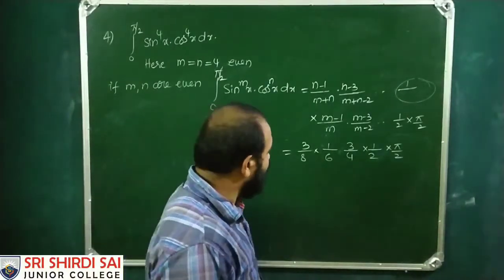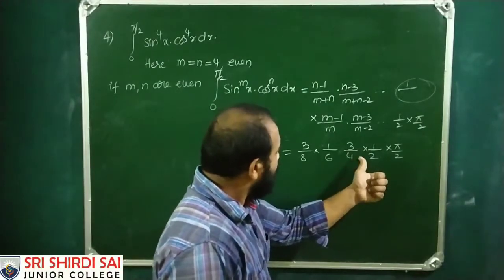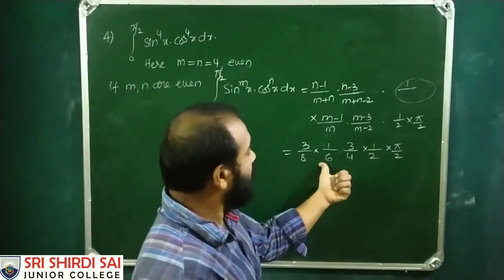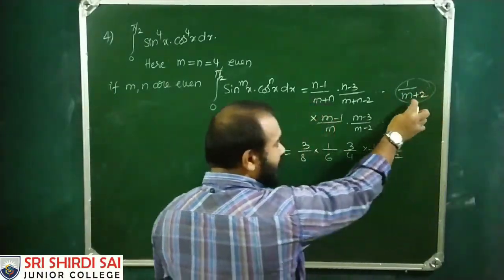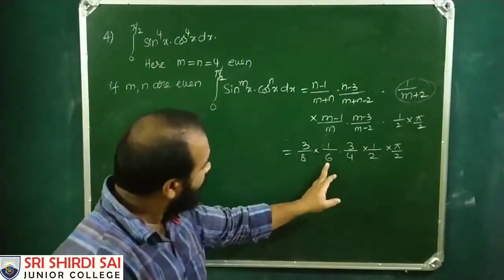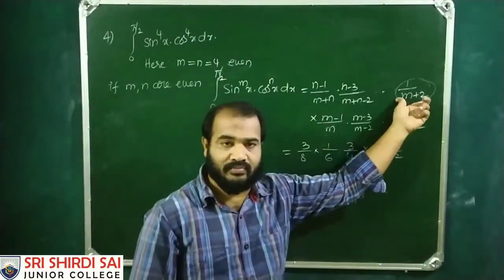So see this, 3 by 4. 3 by 4's previous term is what? 1 by m plus 2. You need not remember. So here see this. What is 6? m plus 2. So 4 plus 2, that is this term.